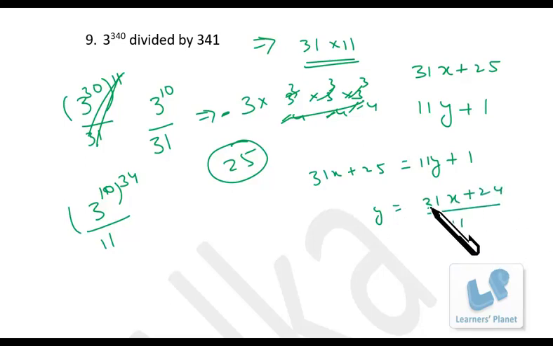If I put x as 1, that is 31 plus 24, 55 by 11, that means y is equal to 5. So 11y, that is 55 plus 1, that is 56. So 56 is in 31x plus 25 format and 11y plus 1 format. That means if 3 raised to 340 is divided by 341, the remainder will be 56. I hope you are clear.